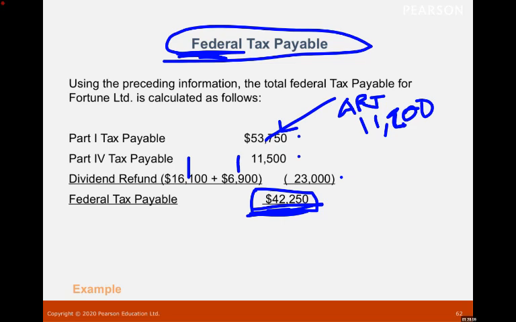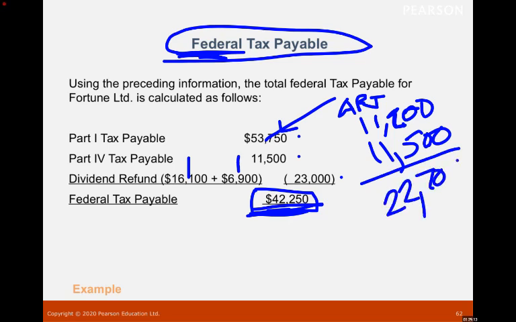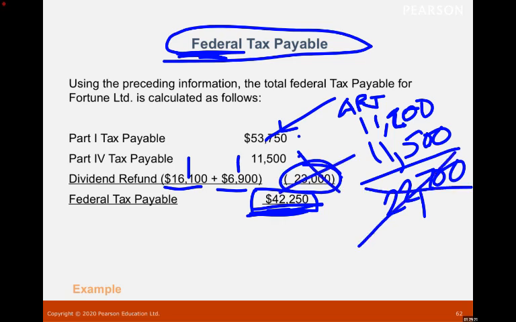So, 22,700, you could say, right? If you add the 11,500, just to give it a little context here, this isn't part of what it's asking, but that's like 22,700 of extra taxes. And then based on what was paid out, we were able to recover 23. So these things have kind of wiped each other out to a large extent.